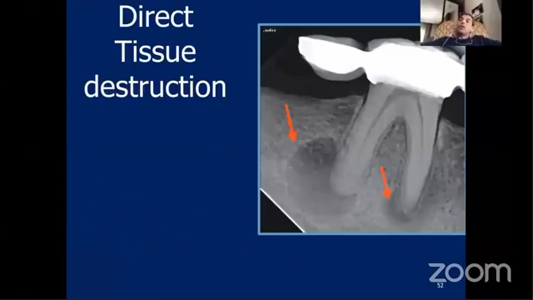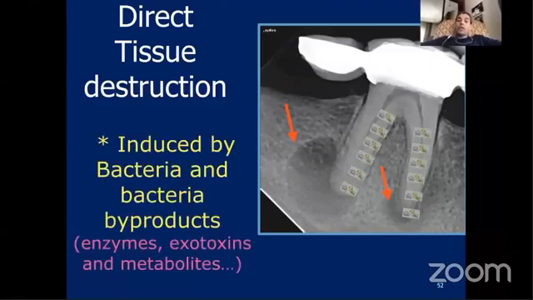And this resorption of bone is due to direct tissue destruction, which is induced by bacteria and bacterial byproducts like enzymes, endotoxins, and from an immune reaction.